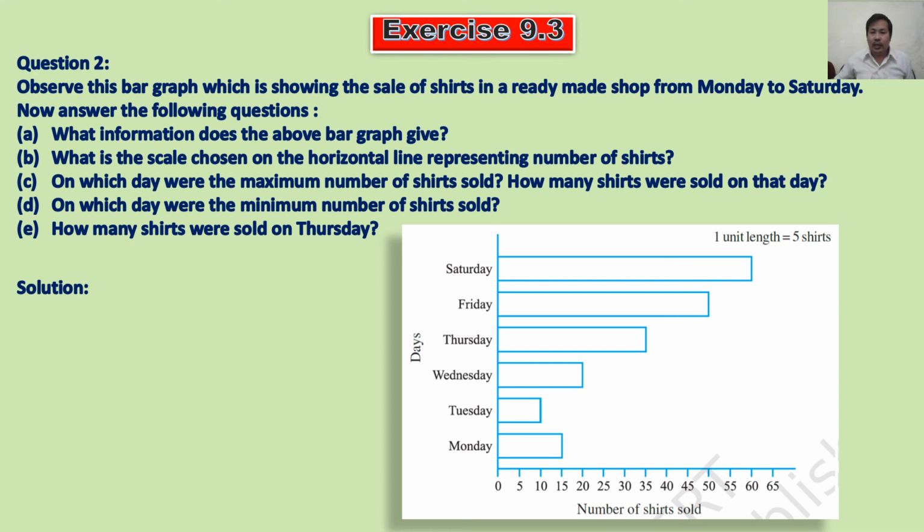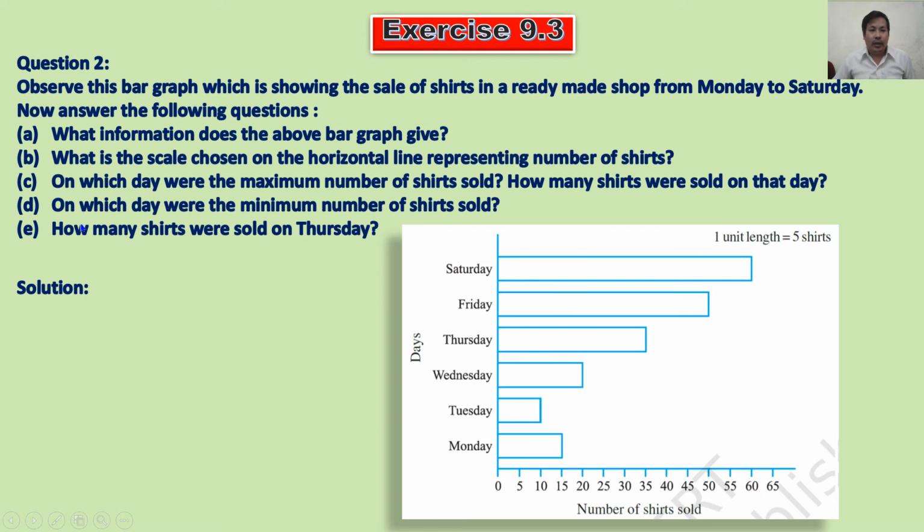First of all, let us examine the bar graph once again. Here the bars are drawn horizontally. You can follow the horizontal bar or vertical bar, it doesn't matter. The bar gives the information of how many shirts were made on Saturday, on Friday, and so on. So the height is the value, the number of shirts.